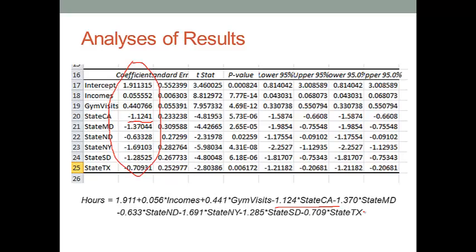If I give 0 to all 6 states here, I don't need to subtract anything from the total hours. That means the customer from Washington will be using the mobile app the longest. And the shortest, in this case, would be New York.